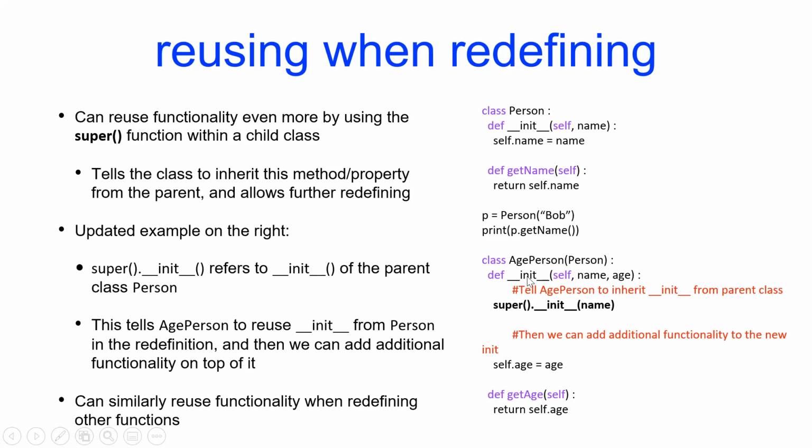For example, for the init, the constructor for the age person takes name and age, but you can make things smarter by calling super().init(name). That means I create a constructor, and this constructor first calls the constructor of the parent.